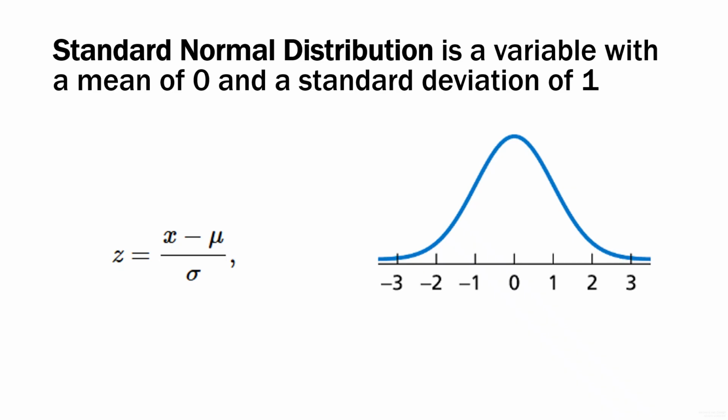We can standardize a variable by subtracting its mean and then dividing by the standard deviation. So to get your z-score, it is your variable x minus mu, divided by the standard deviation. Our resulting variable is called the standardized version of x, or the standardized variable corresponding to x.